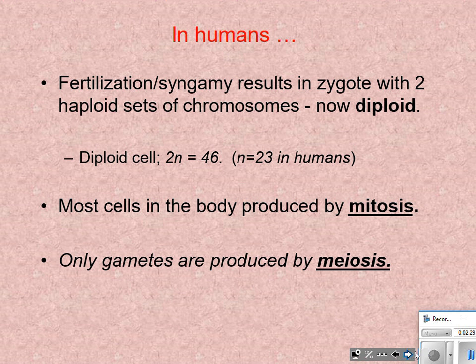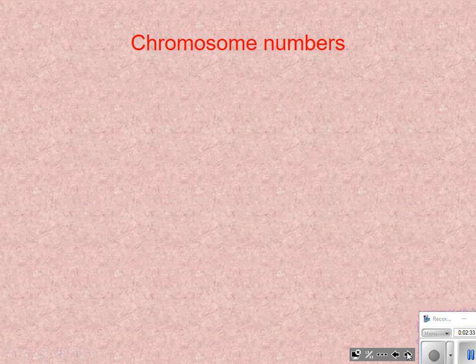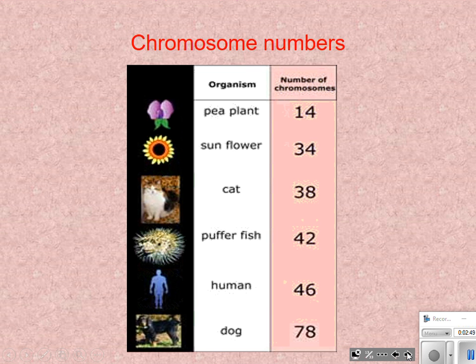Now, before we start talking about these stages, I wanted to show you some different chromosome numbers, because we just said that human beings have how many chromosomes? What is it, Sydney? 46 chromosomes, okay? Well, here are some different ones. The pea plant has 14 chromosomes.